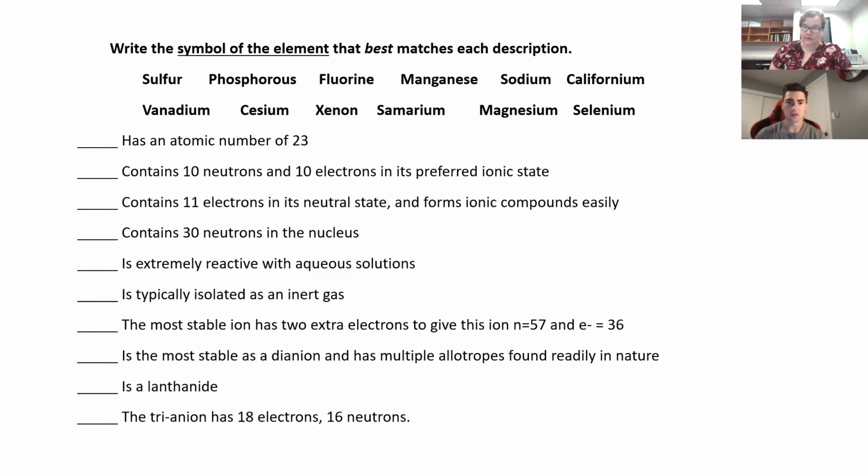Oh, so it's fluorine. Yeah, fluorine. Let's try fluorine. If we now have 9 protons, because that's what we define fluorine as, the atomic number of 9, and we gave it 10 electrons, that's -1.